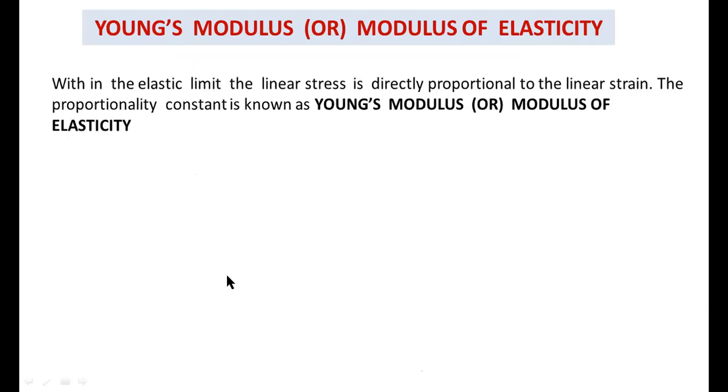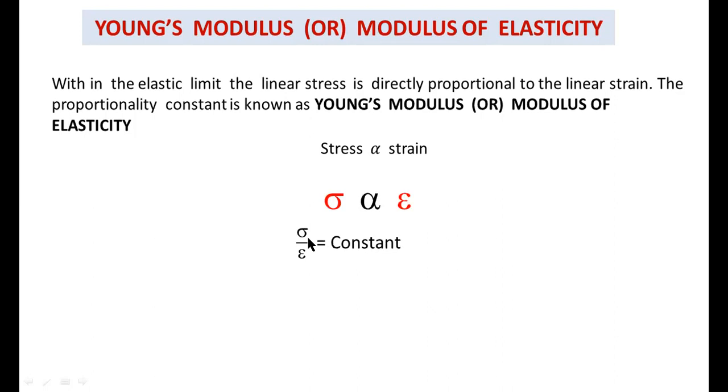Now, Young's modulus: within the elastic limit, linear stress is directly proportional to linear strain. That constant is called Young's modulus. Okay. According to Hooke's law, linear stress is directly proportional to linear strain. Then sigma is directly proportional to strain. So here sigma divided by epsilon is equal to a constant.